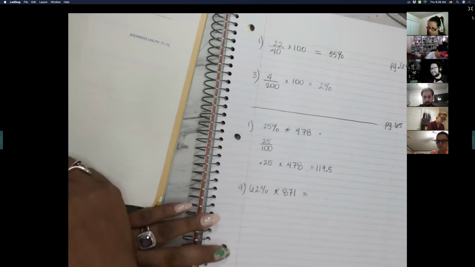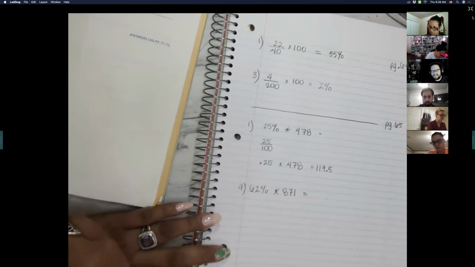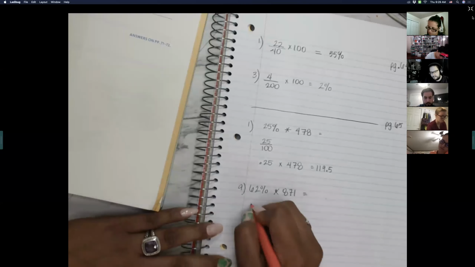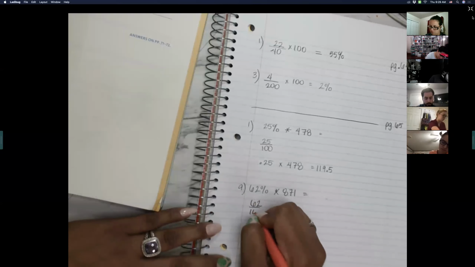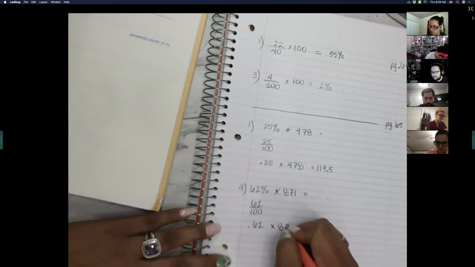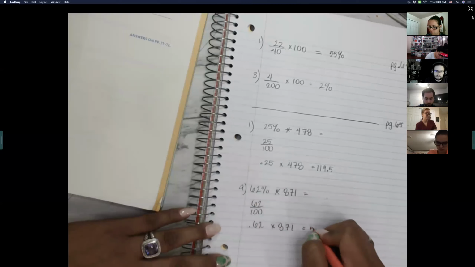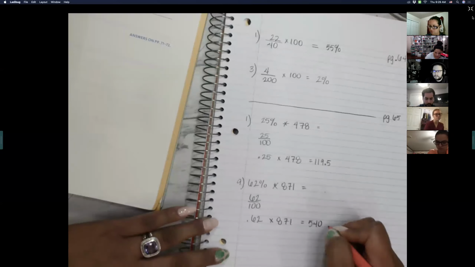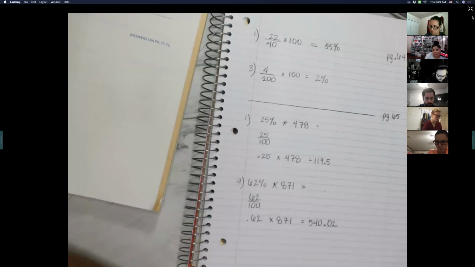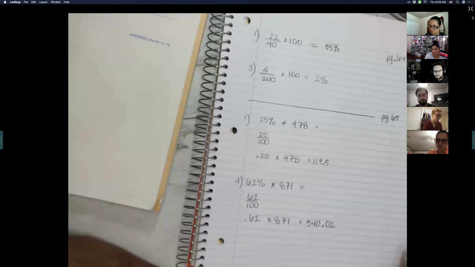See? Calculator error. It'll get you every time. Okay, go ahead. 540.02. Exactly. Take your percentage, put it over 100, make it into a decimal, times 871 is going to give you 540.02. That's all of chapter 3, guys.